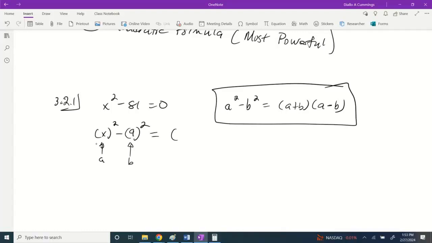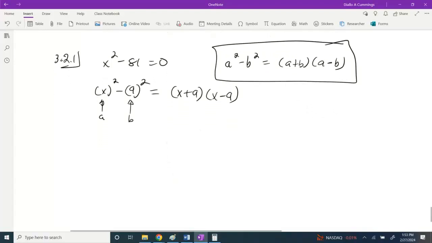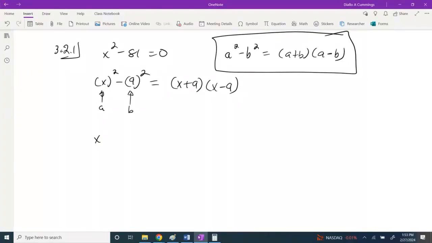So x squared minus 81 is x plus 9 times x minus 9. Now my equation looks like this: x plus 9 times x minus 9 is equal to 0.